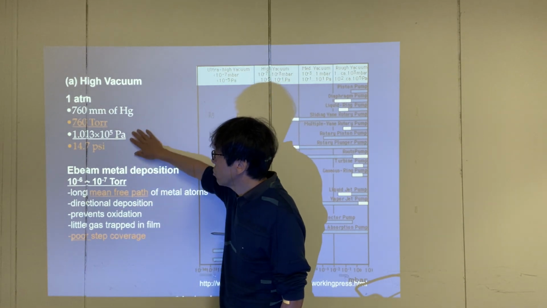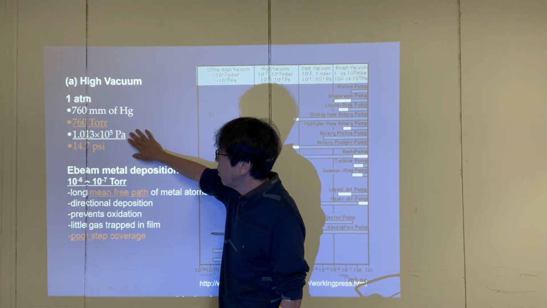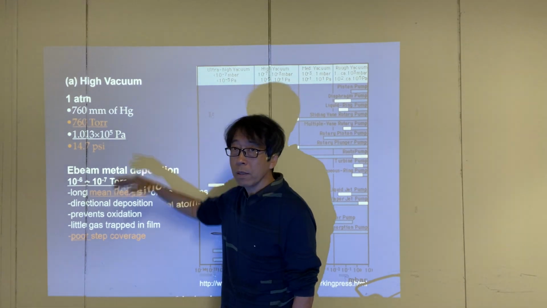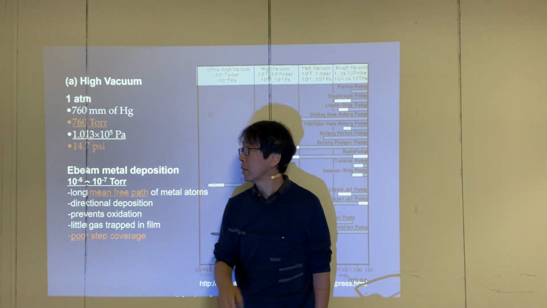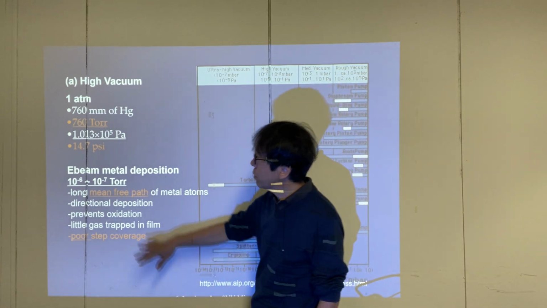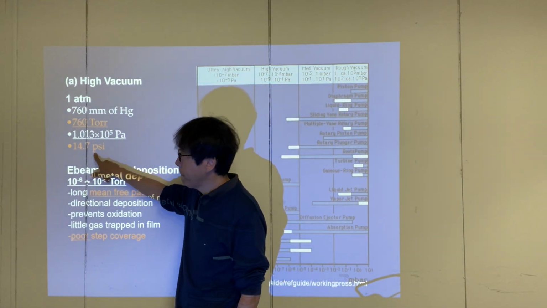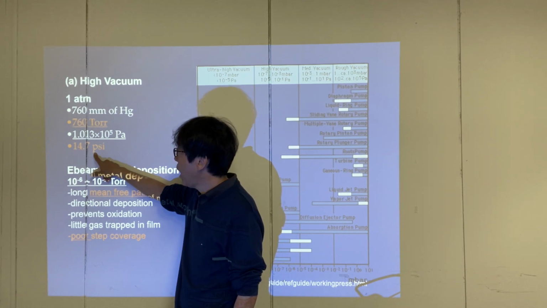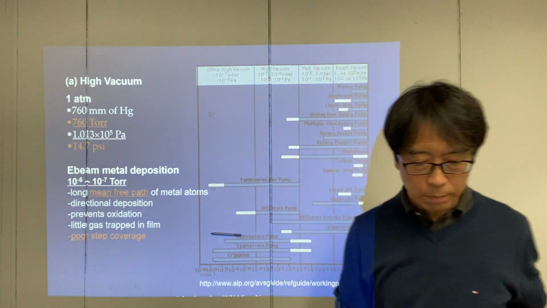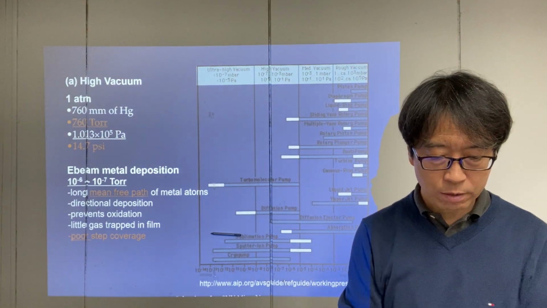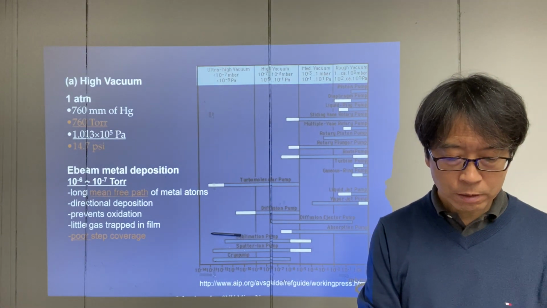And that corresponds to 1.013 times 10 to the 5th power Pascal, approximately 100 kilopascal. That corresponds to 14.7 pound per square inch in the English unit. Right? That's standard vacuum.